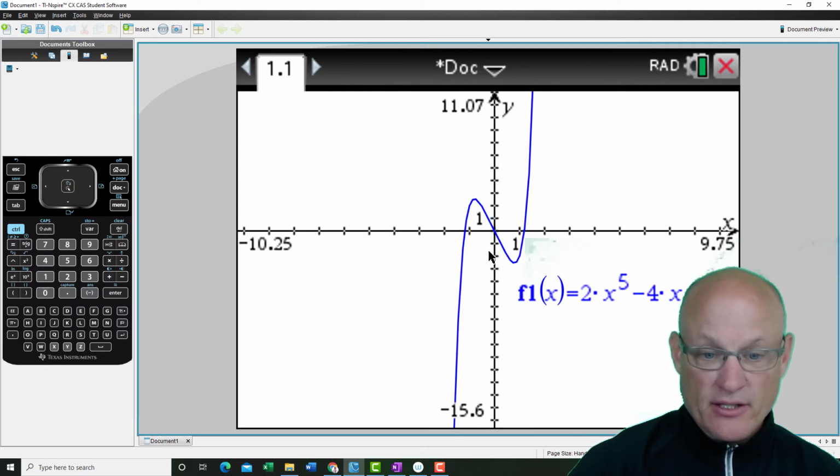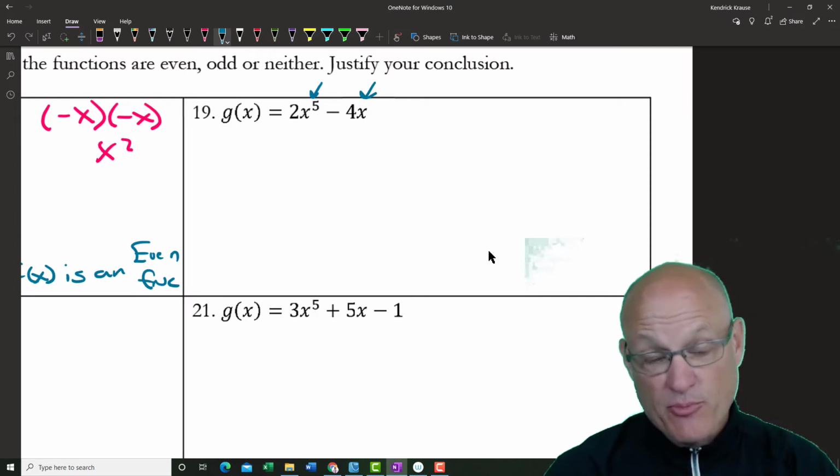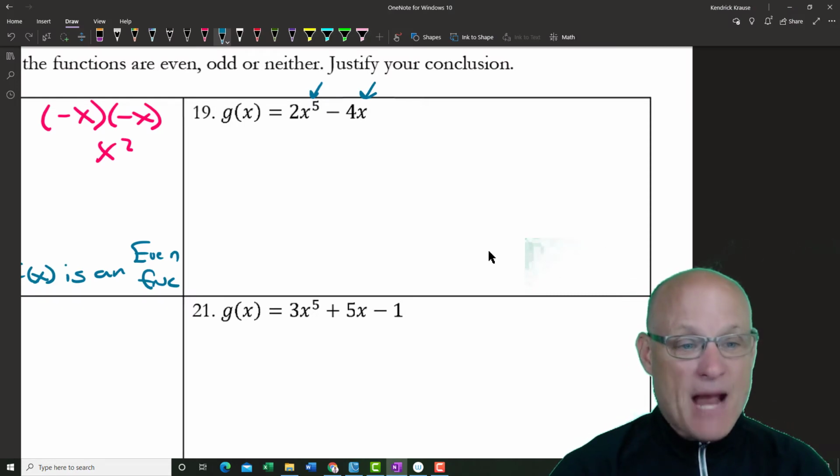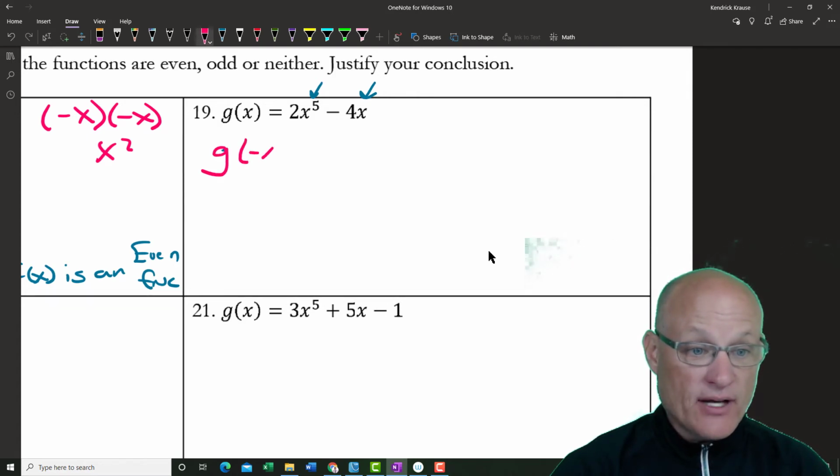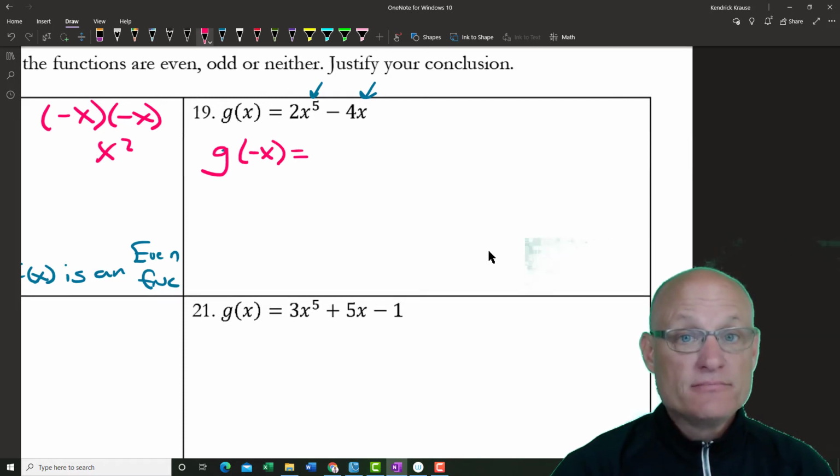That point goes down there. So it looks like it's going to be an odd function, and it's probably true. But I'm going to tell you right now, on test or quiz day you're going to have to show me that g of negative x equals negative g of x. So we're going to check it out.